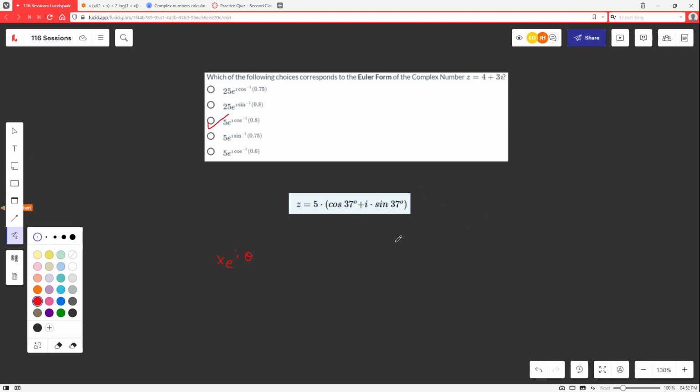And polar form is z equals x times cos theta plus i times sine theta. So we just want to make sure which of these matches the theta, and because these have sine, you also have to multiply this to actually get the value of theta. So theta equals, so minus 1. G7.